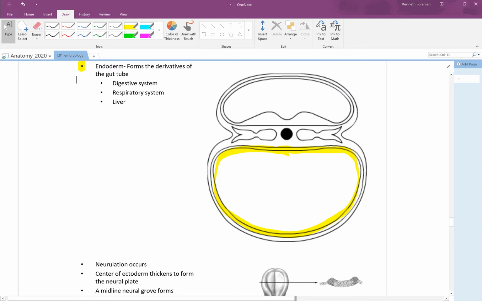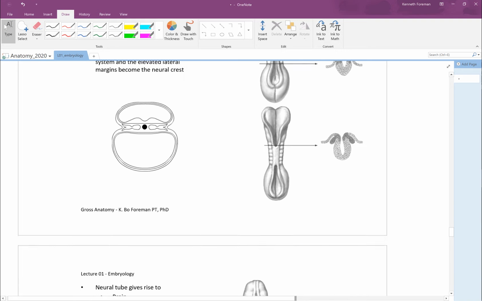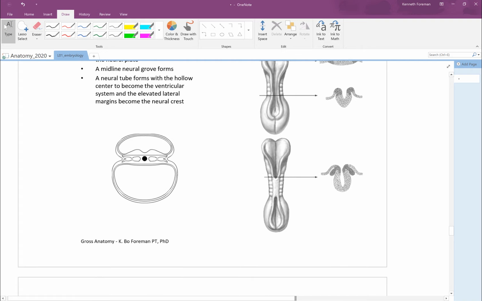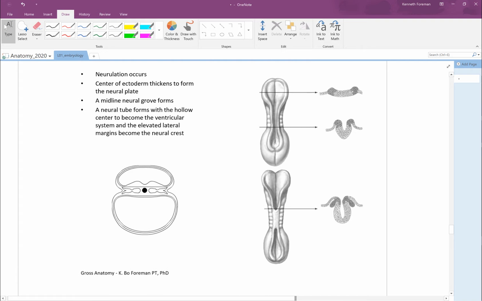So that's basically how the gut tube runs. Now we're going to talk about a process called neurulation, and this is how we develop our spinal cord. If you remember back a few slides, we have the 3 layers of the trilaminar disc, which include ectoderm, mesoderm, and endoderm.